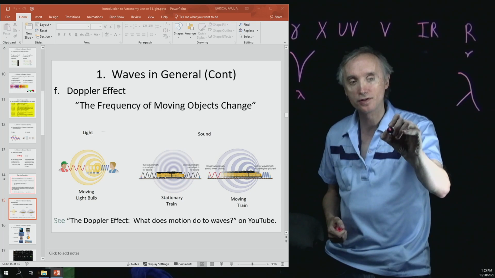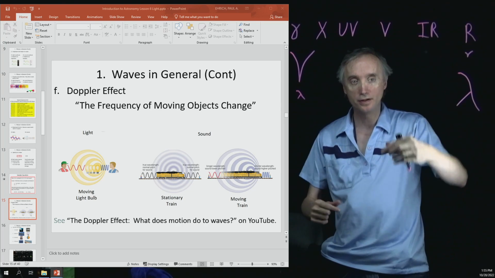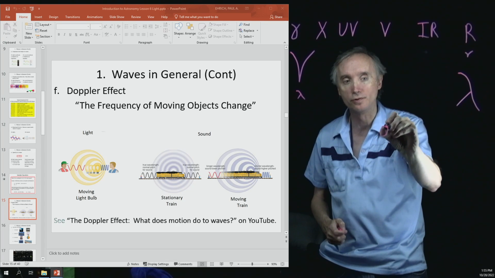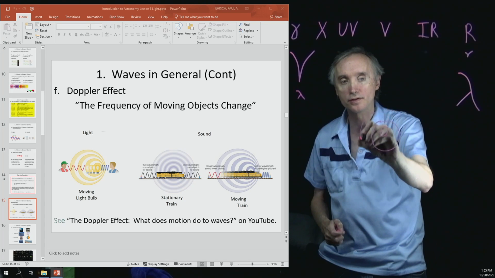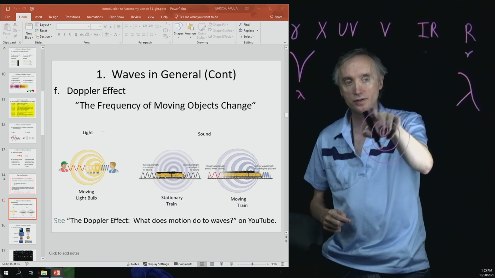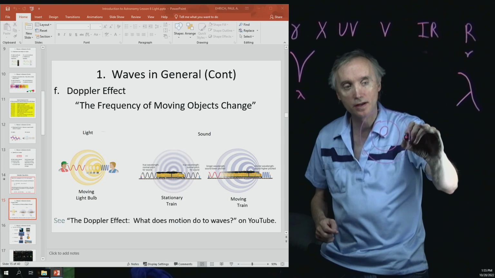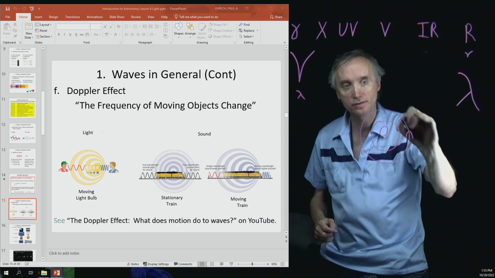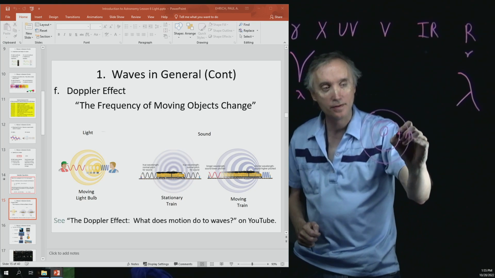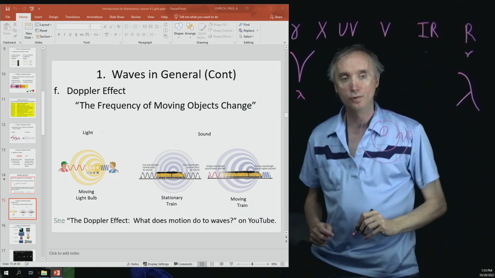Okay, so the first thing I want you to see was that if you've got a pond and you take your finger and poke it, it's going to make ripples that look like this. I'm trying to draw it so that each one is equally spaced. What this represents is a crest, and then this is another crest, and they're connected with a trough.